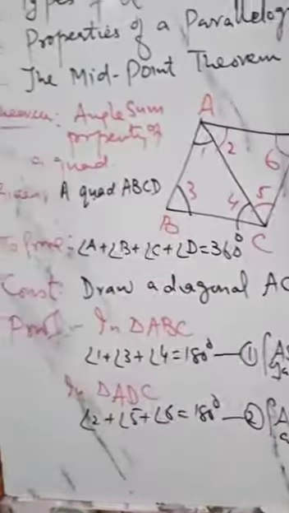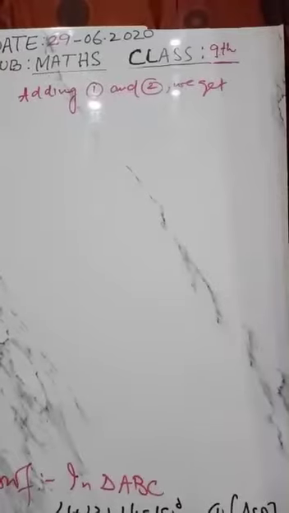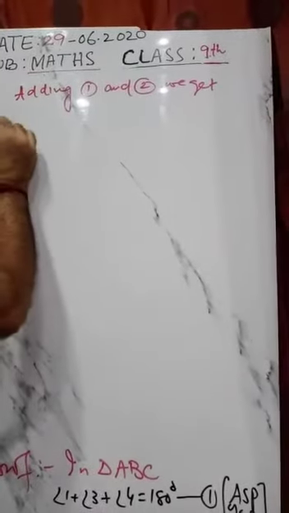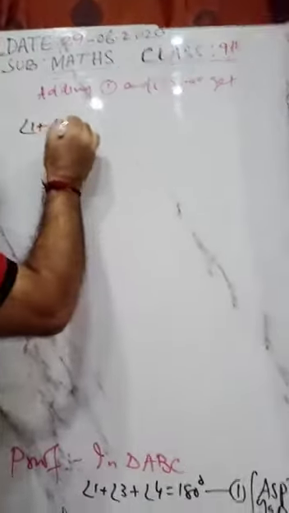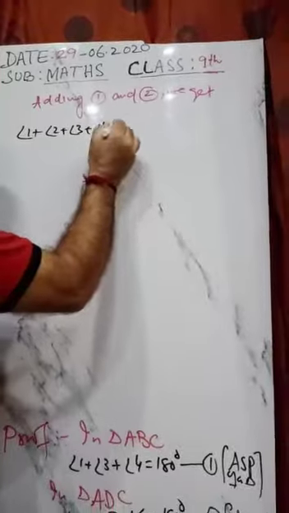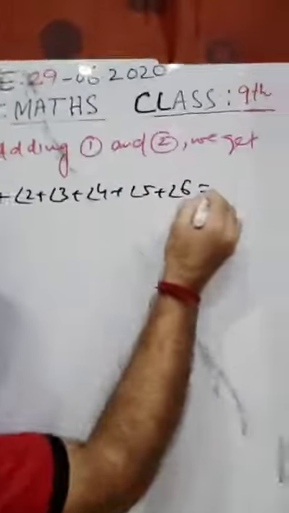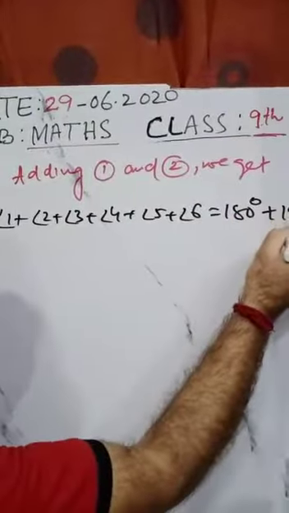Now we add the first and second. We get angle 1 plus 2 plus 3 plus 4 plus 5 plus 6 equal to, on the right-hand side, 180 degrees plus 180.